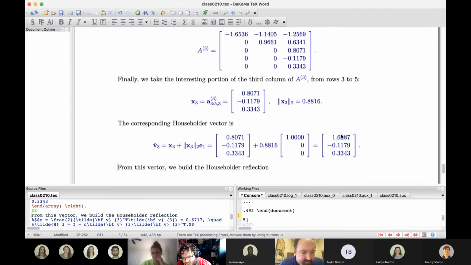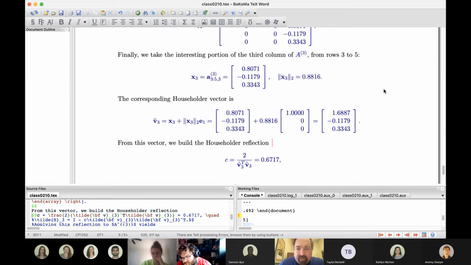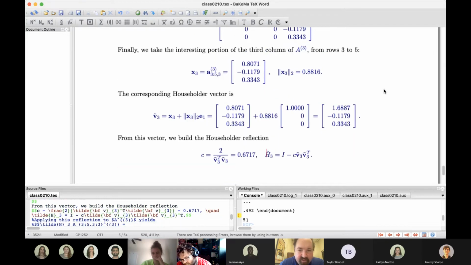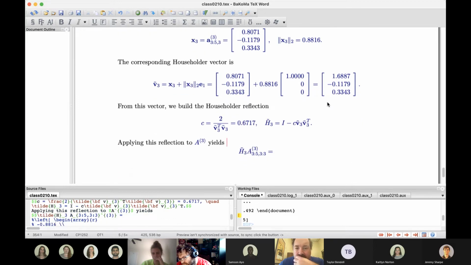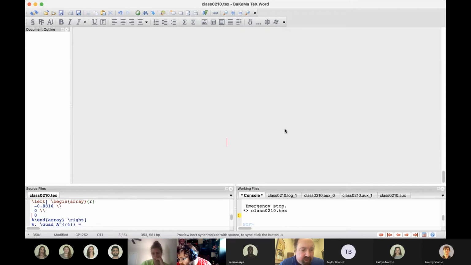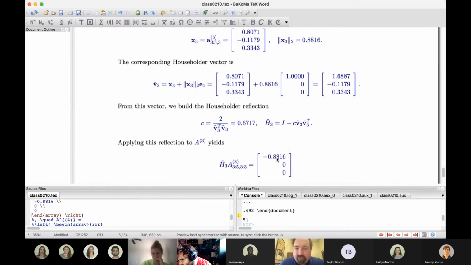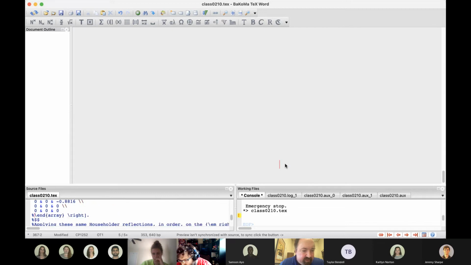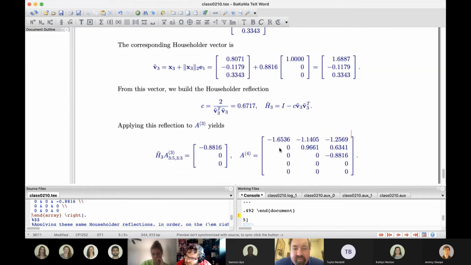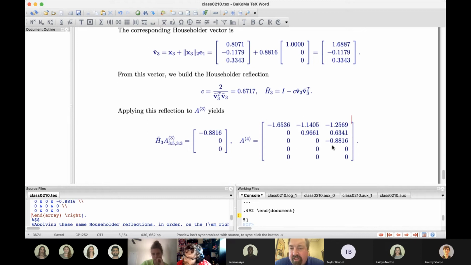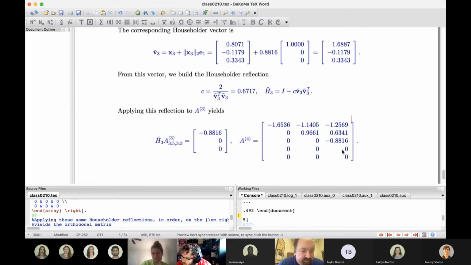Then I make my Householder reflection, and I apply that, working on just the third column, wiping out everything except the first element of that. But then I put this back in the overall matrix, and now it's upper triangular. So now I'm done.